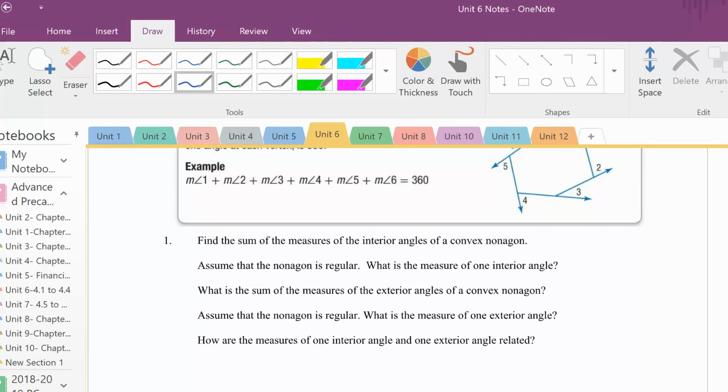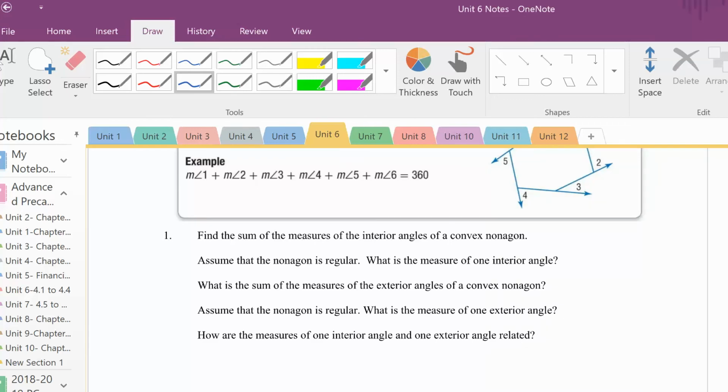So for number 1, it says find the sum of the measures of the interior angles in a convex nonagon. Well, a nonagon is 9 sides, so 9 minus 2 times 180. That is 7 times 180, which is 1,260 degrees.